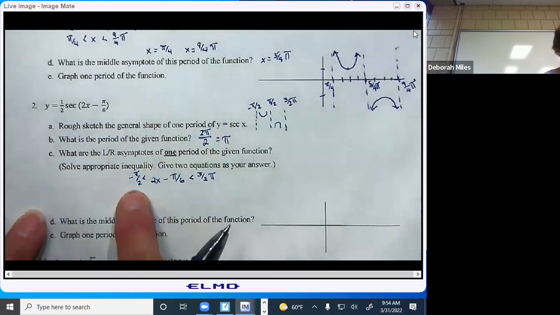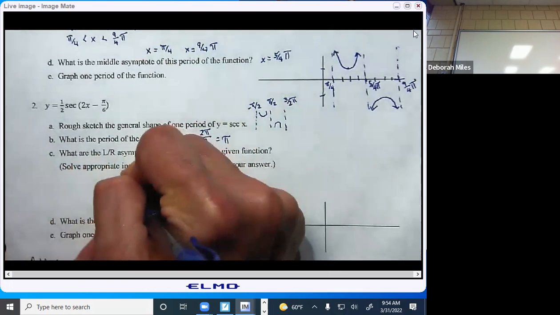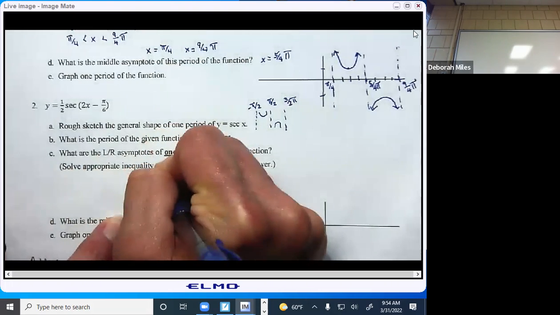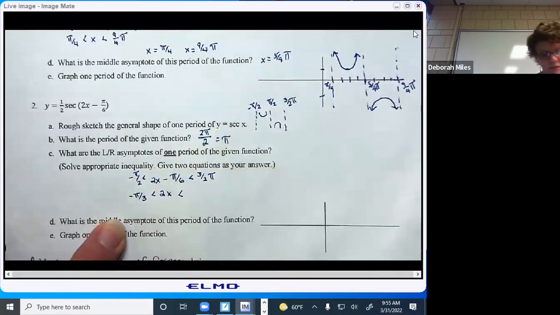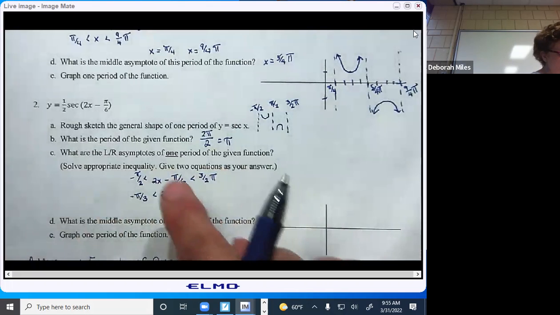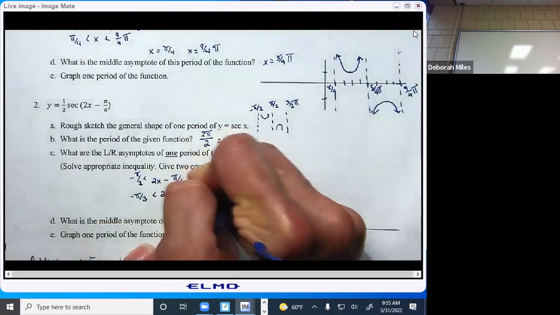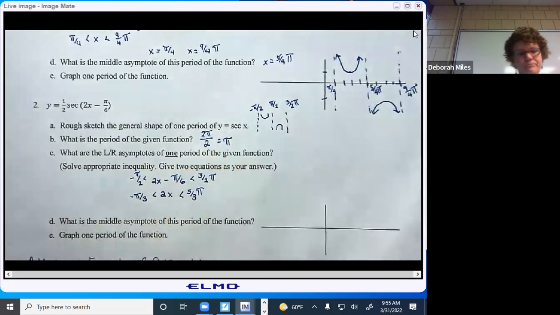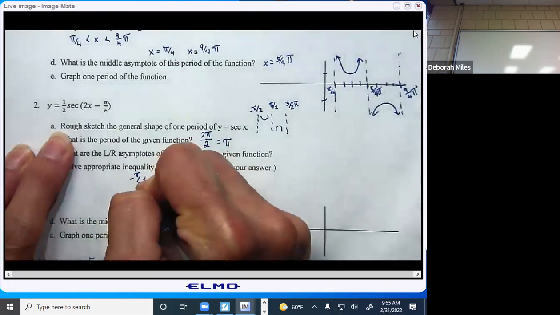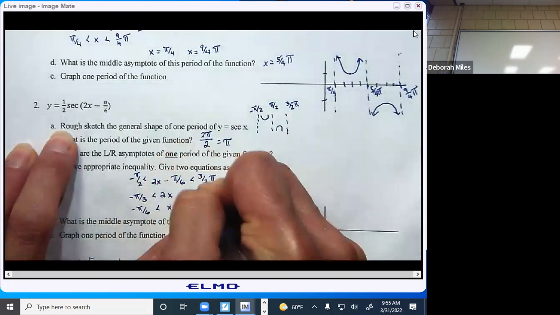This is -3/6 plus 1/6 is -2/6, better known as -pi/3. Or punch it on your calculator. This is 9/6 plus 1/6 is 10/6, better known as 5/3 pi. And then divide all three sides by 2. Negative pi over 6 is less than x is less than 5/6 pi.